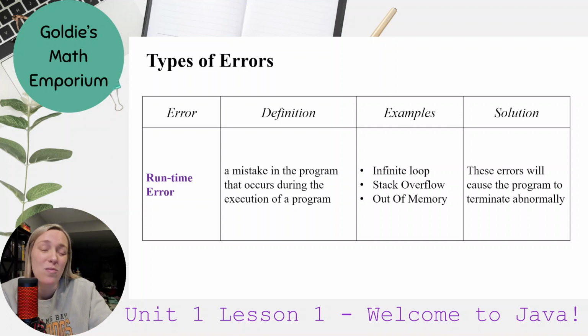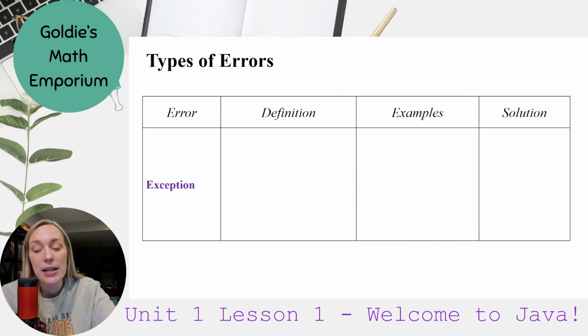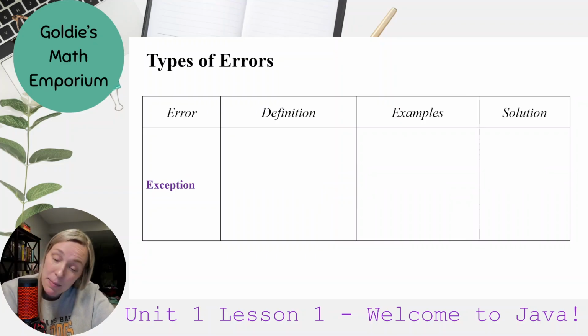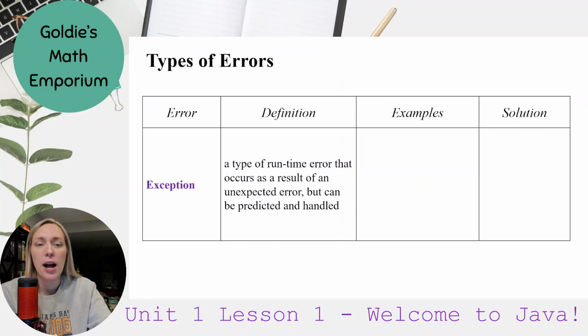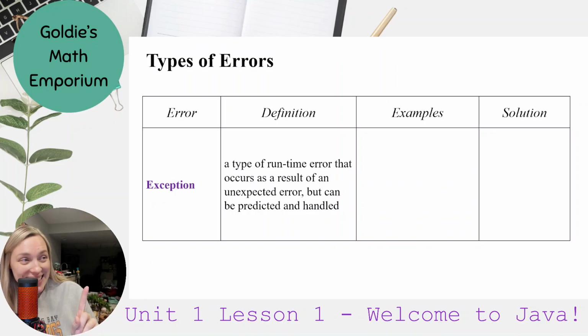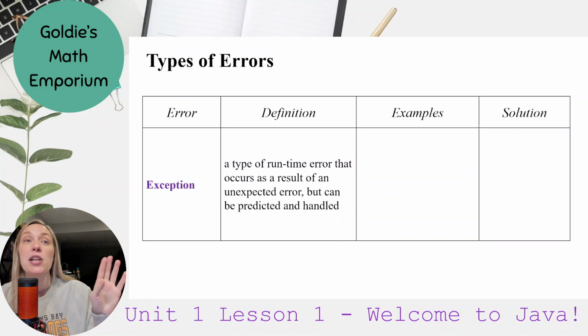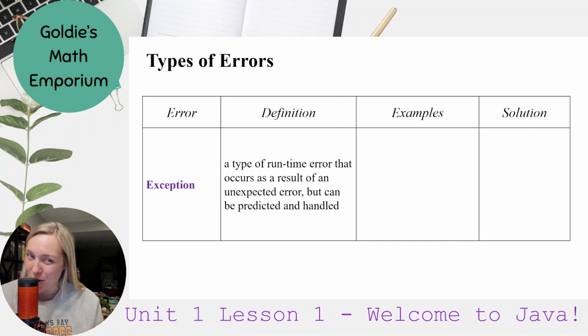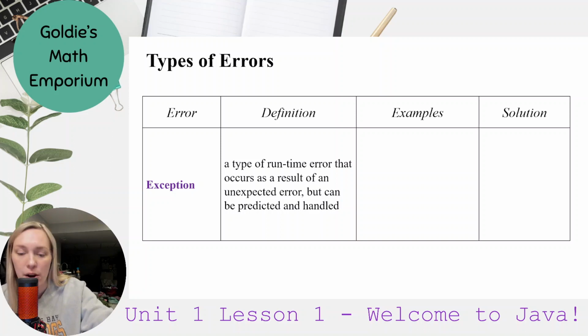There's going to be some weird way that it ends, and you'll want to fix it in your program. Now, an exception is a specific type of runtime error. It occurs as the result of an unexpected error in your program, but you can predict when it might happen and you can handle it in your program. Okay, so an exception is a specific type of runtime error.